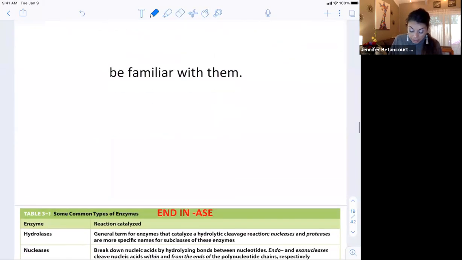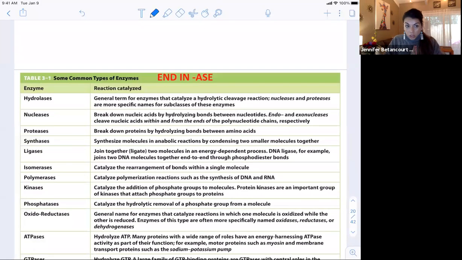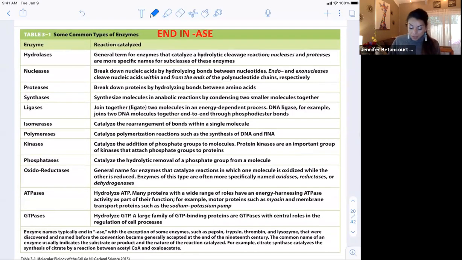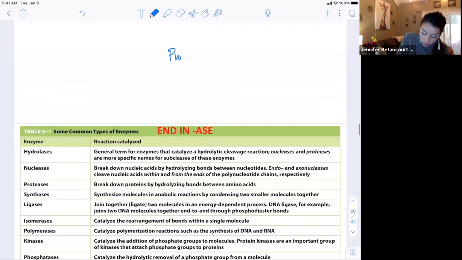Okay, and that's it. So just like I asked you to do with the proteins in general, these are common types of enzymes. So you have your proteins, that's your produce. Then you have your enzymes, that's your apples. Then you have other types of proteins like structural proteins.